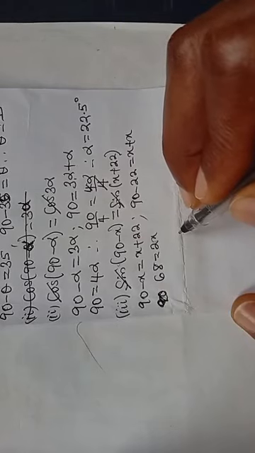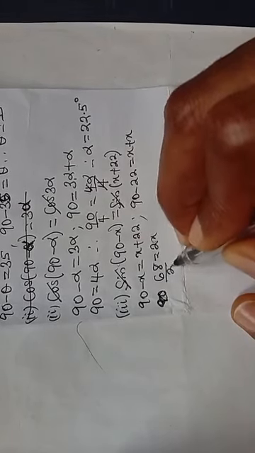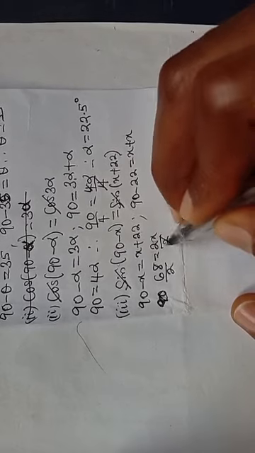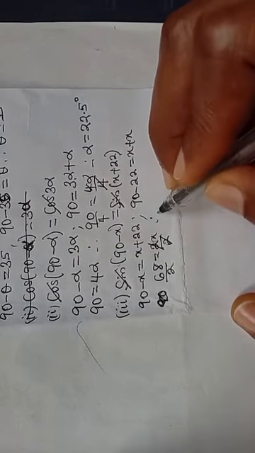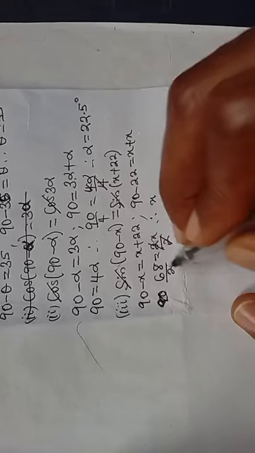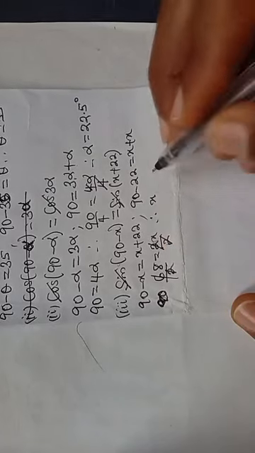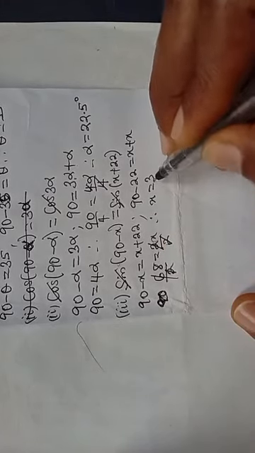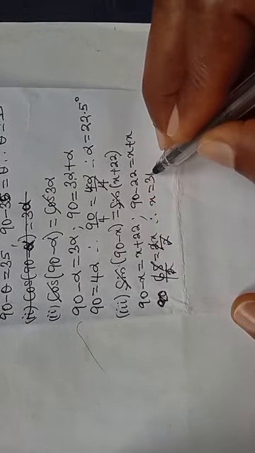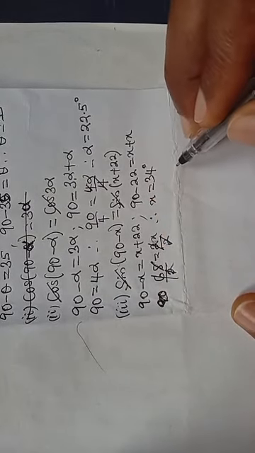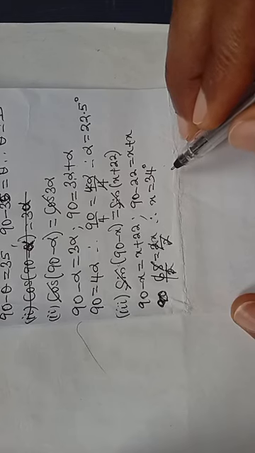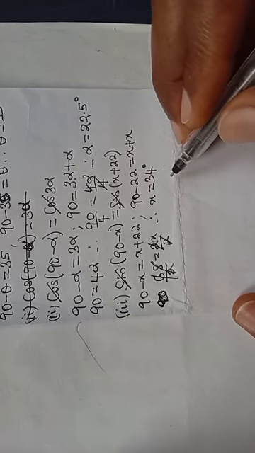To get my x, I divide both sides by 2. 2 cancels 2, so x is left. 2 in 6 is 3, 2 in 8 is 4. So x is equal to 34 degrees. All right, that is about this.